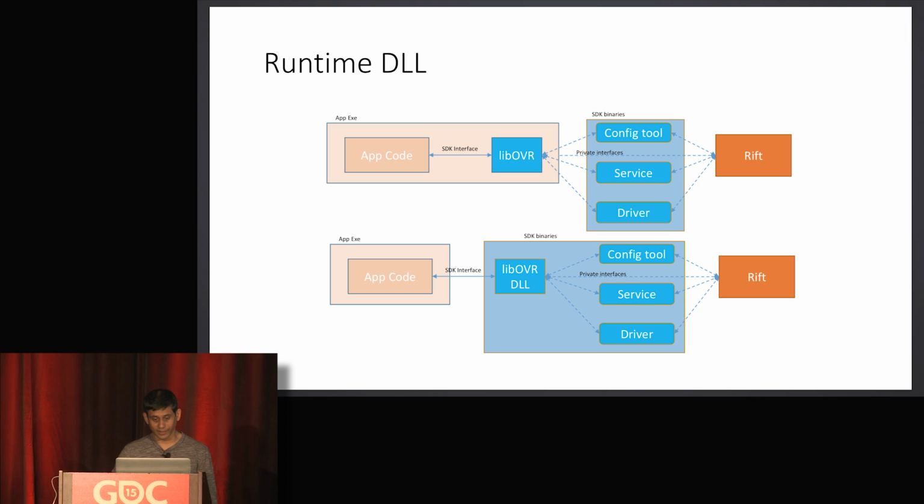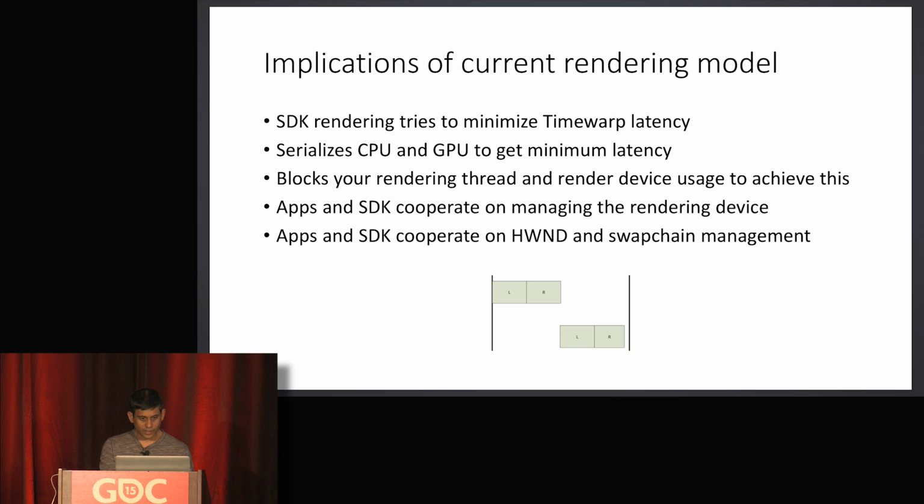It's not working on anything else. And then while the GPU is processing and rendering the scene, the CPU is waiting to issue time warp as late as possible, and so on. So there's a lot of gaps on the GPU and on the CPU in terms of processing. And as you see, we block your rendering all the way till vsync when you call OVR end frame.